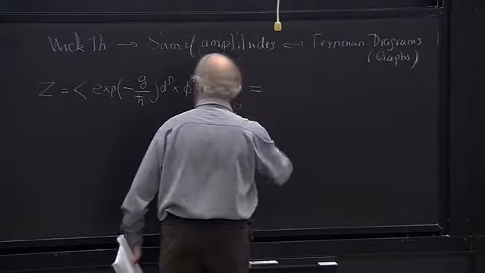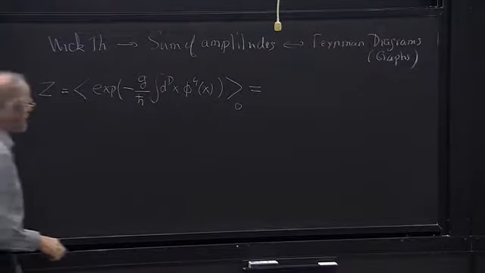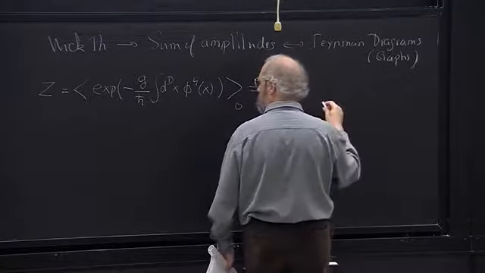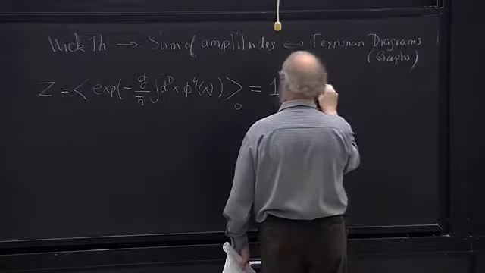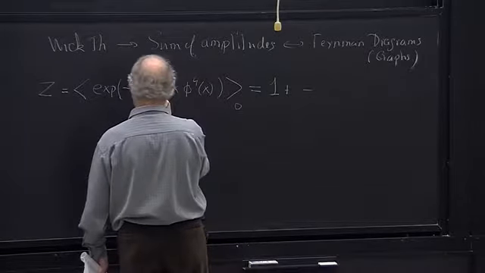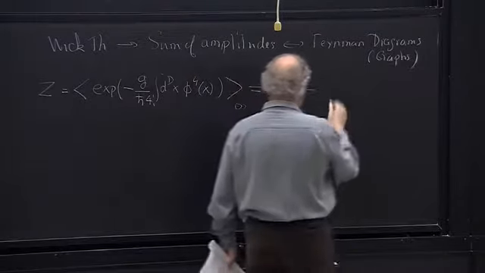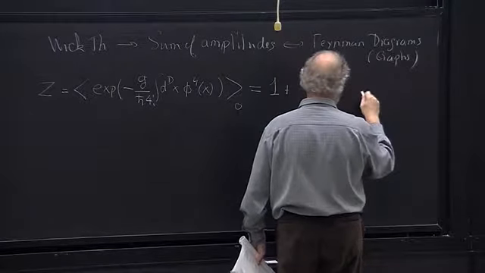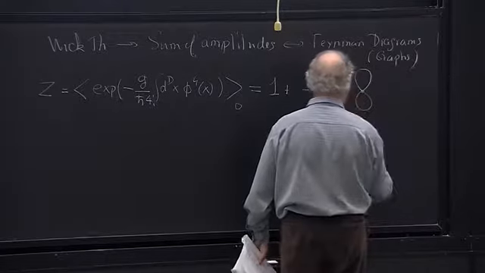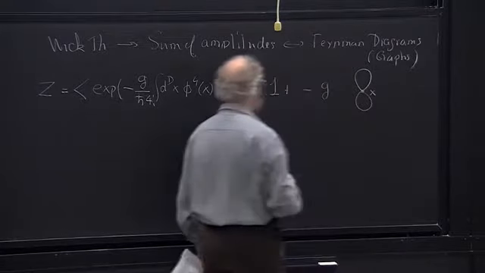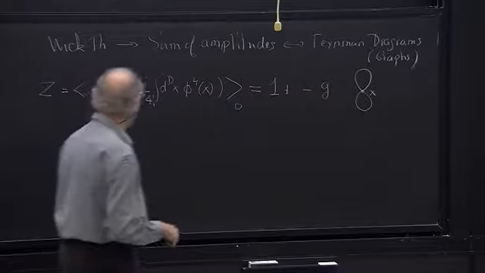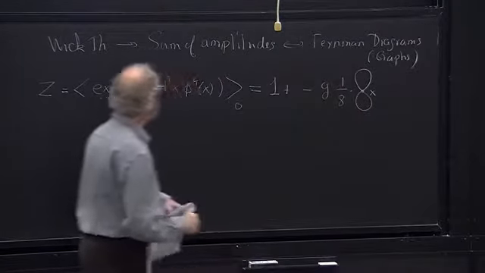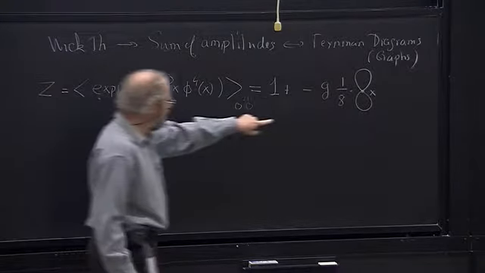We have seen in the free theory that the first term is 1 plus an amplitude. Oh, there is a factorial 4, of course. There is a factor g, and there is an amplitude associated to a diagram, which is this diagram, where this is the internal point, so you integrate over this point, and you have a symmetry factor, a term that comes from the application of Wick theorem, which is 1/8.